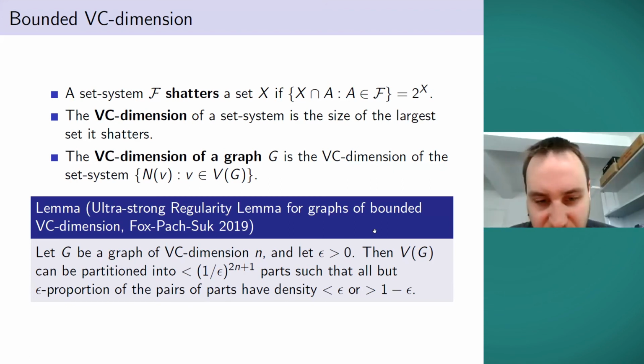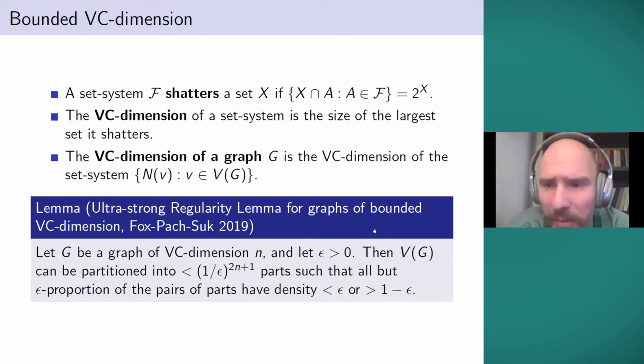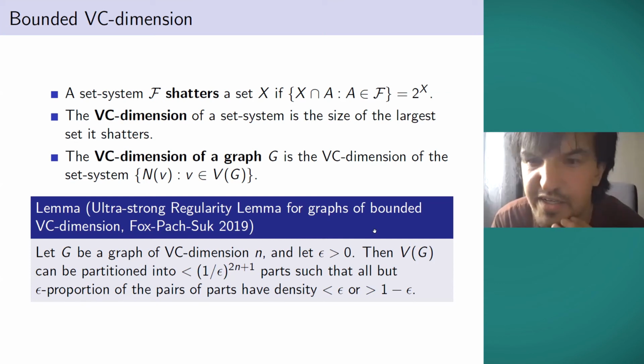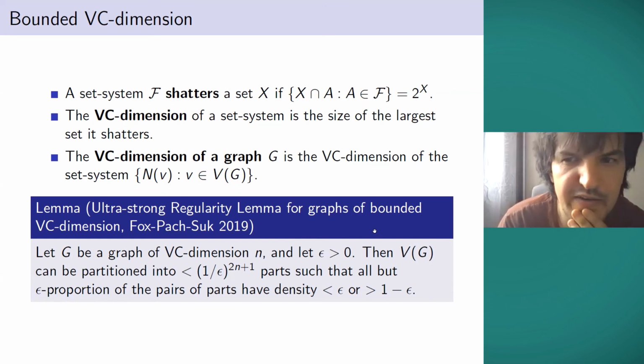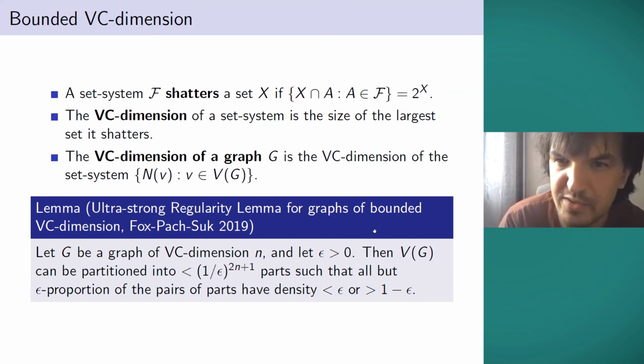So here what you did, you combined this bounded VC dimension with this forbidden MS. Do you have anything other than MS that you can forbid? Any other nice graph that cannot appear? I have a similar question. Does your proof heavily depend on MS, or is it possible to forbid some other graph?